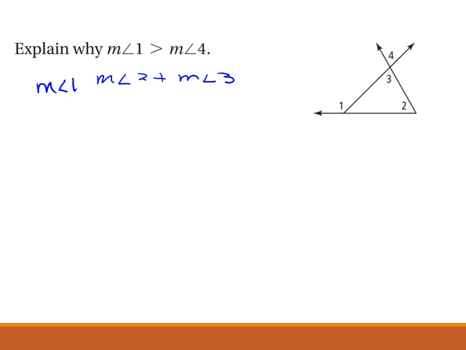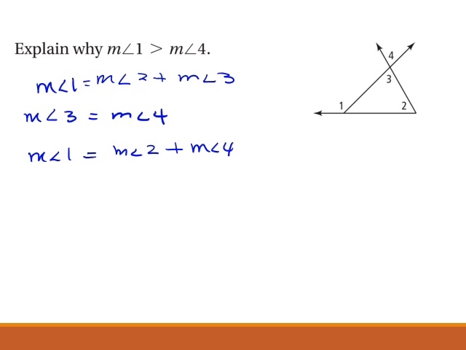We also know that angle 3 and angle 4 are congruent, so their measures are equal. Okay. So if we know that to be true, then we can substitute in and we can say that the measure of angle 2 plus the measure of angle 4 is equal to the measure of angle 1.